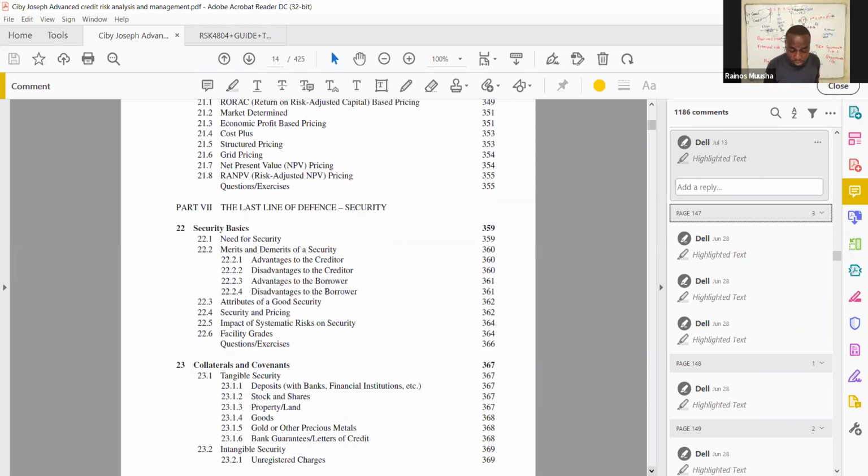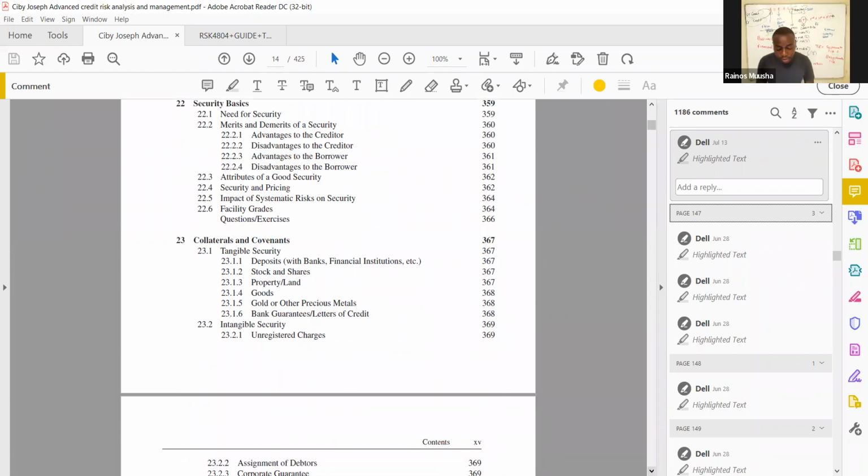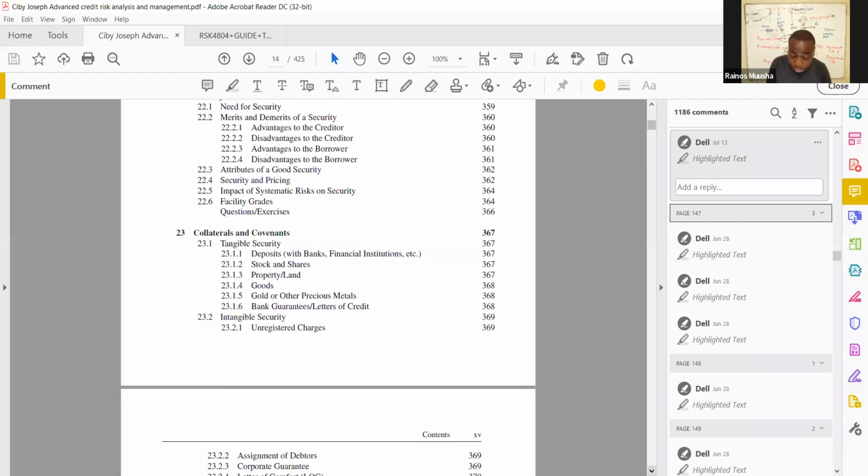So in chapter 22, we look at security: what are the advantages and disadvantages of having security for both the borrower and the lender? Then chapter 23, which is the last chapter, we look at collateral and covenants, where we see what the different collateral security is that you can have to make sure you mitigate the risk.